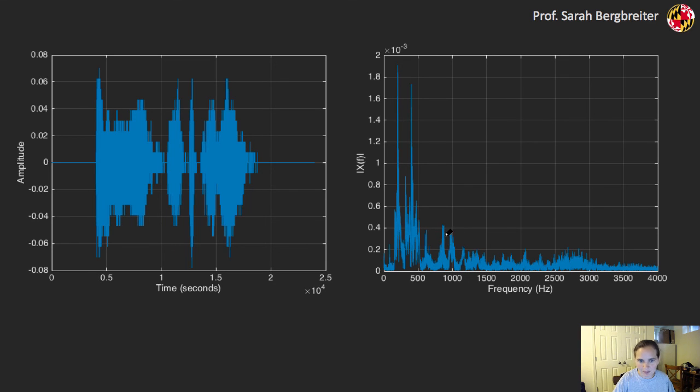I think my daughter was talking here, so you have some higher frequency components to this signal as well that are quieter. But you can see where the frequencies in my voice ultimately lie based on looking at this plot. And if I wanted to do any kind of filtering or some kind of work on this signal, I could then use the inverse Fourier transform to move back to this time domain.